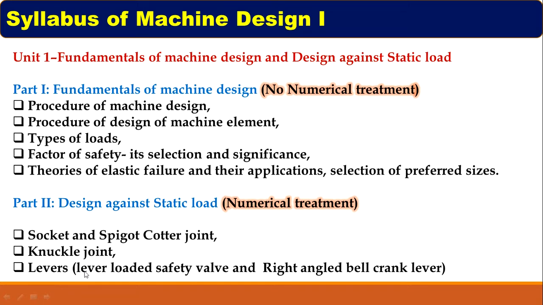There are two types of numericals: first based on lever loaded safety valve, which is used in a boiler, and second one is a right angled bell crank lever. The angle between the two arms of the bell crank is 90 degrees, so that's why it is called a right angled bell crank lever. So this part 2 consists of numericals on these three components.